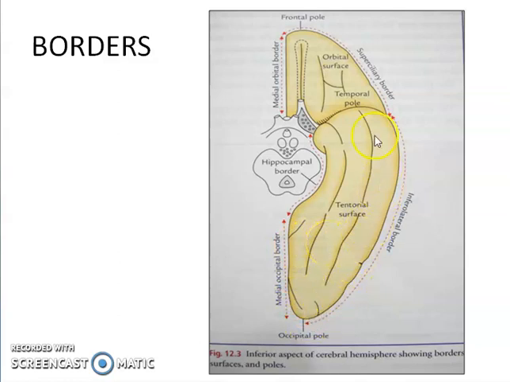The inferior lateral border separates the tentorial surface from the superior lateral surface. The superciliary border is present between the orbital surface and the superior lateral surface. The last border, the superior medial border, separates the superior lateral surface from the medial surface.